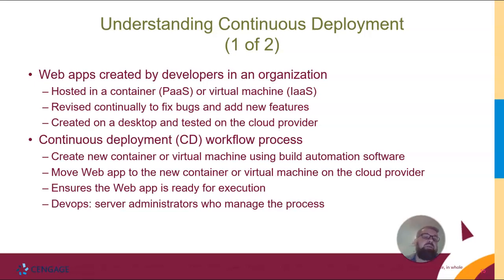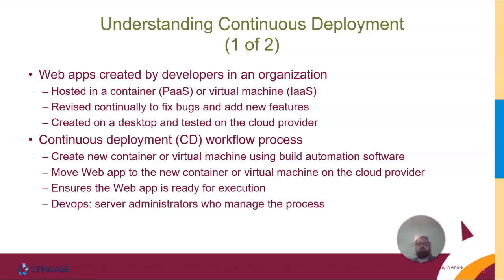It's going to update automatically. Web apps are created by developers in an organization. They get hosted in a container or a virtual machine, and then it's revised continually to fix bugs and add new features. And then it's created on a desktop and tested on the cloud provider.